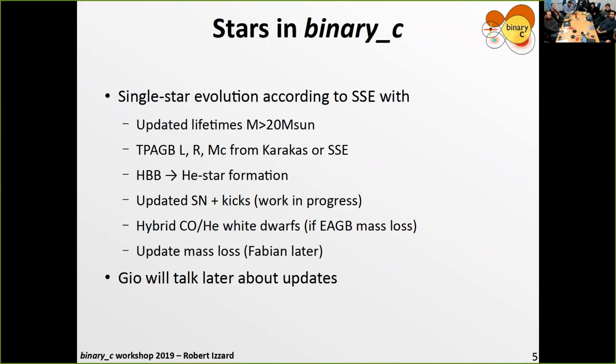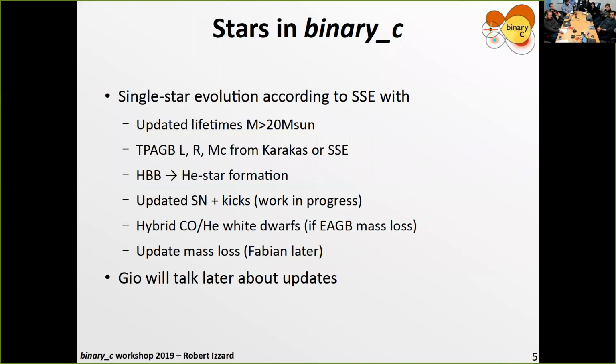So we mentioned already that we've upgraded the lifetimes from 20 solar masses. We've also got the thermal pulses and the hot bottom burning. We've also got, compared to SSE, we've also updated a lot in the code, and I'd like to thank the people who have contributed to that, some of whom are on the call today. A few things I put in recently. We updated the mass loss prescriptions.